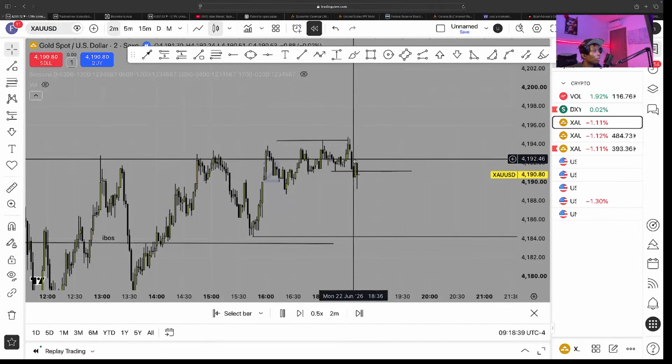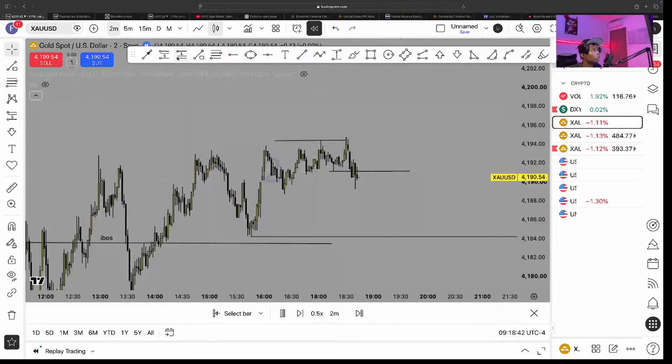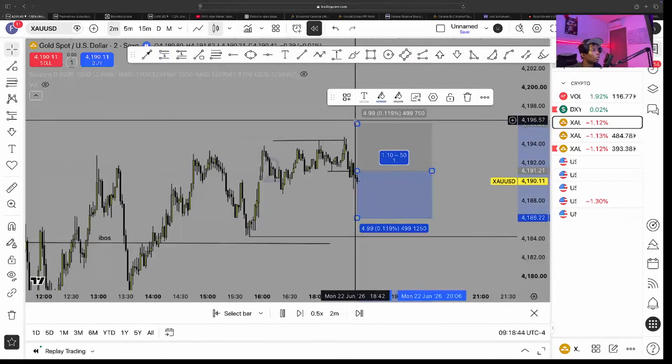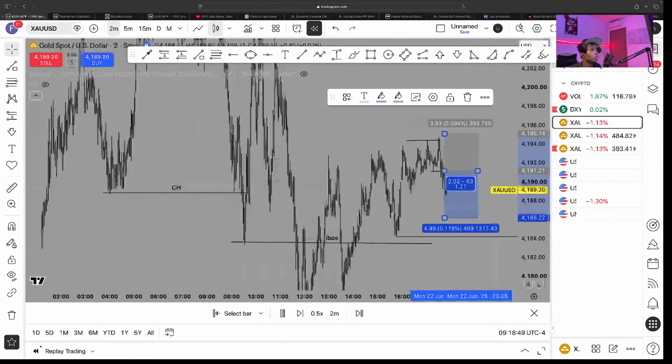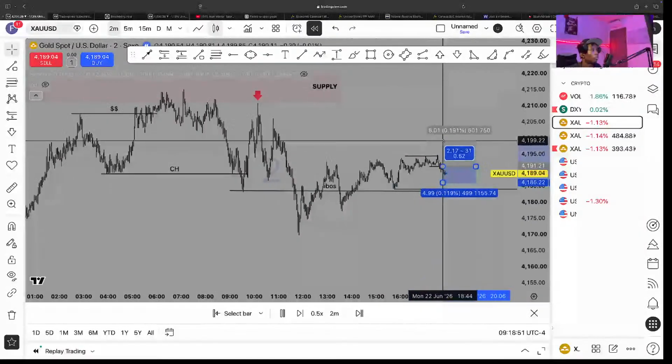So this is the imbalance BOS. This is our entry. Our stop loss should have been so wide.